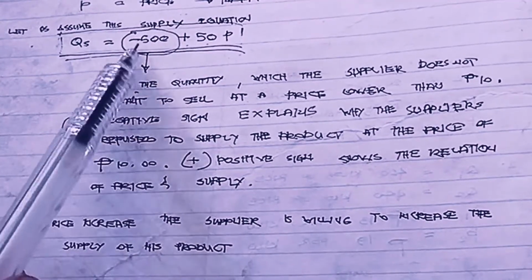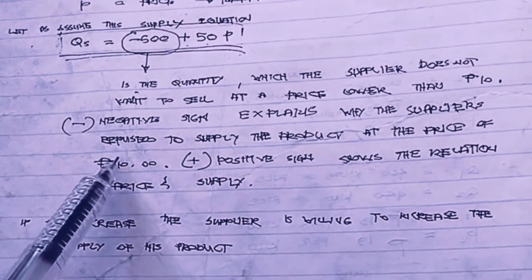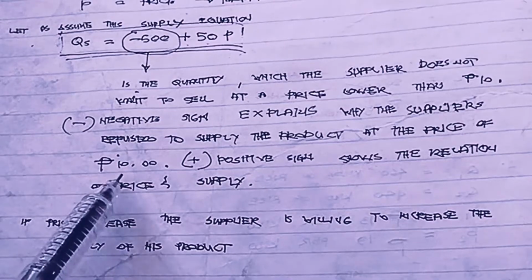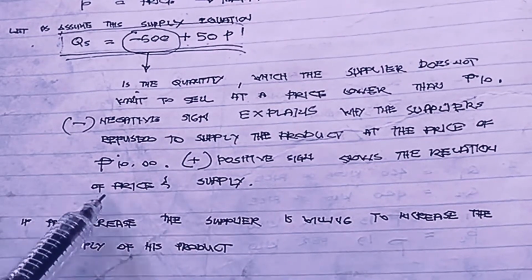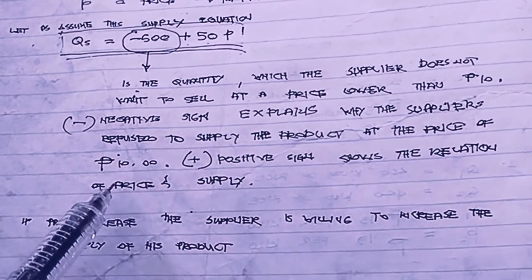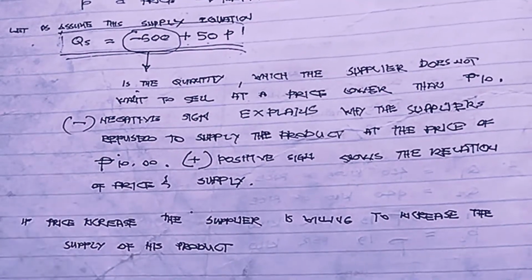The negative sign explains why suppliers refuse to supply the product at a price of 10. The positive sign shows the relationship of price and supply, which is positively related. So there is what we call a direct relationship between price and supply. If the price increases, the supplier is willing to increase the supply of his product.